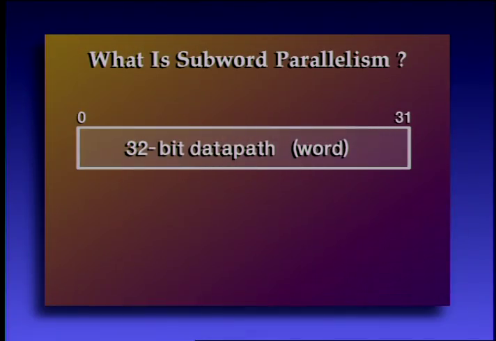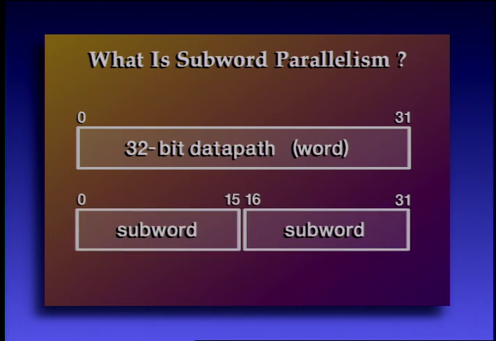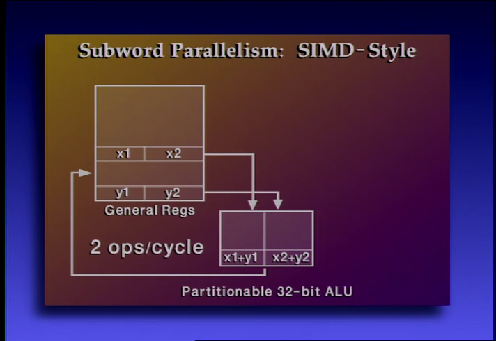So for example, if we divide each 32-bit word of the microprocessor in two 16-bit subwords, then each register conceptually holds two subwords in a single 32-bit word. In addition, we would now partition the standard ALU into two 16-bit halves so that the same operation will be performed simultaneously on the two 16-bit subwords in the same instruction during a single cycle of the machine.